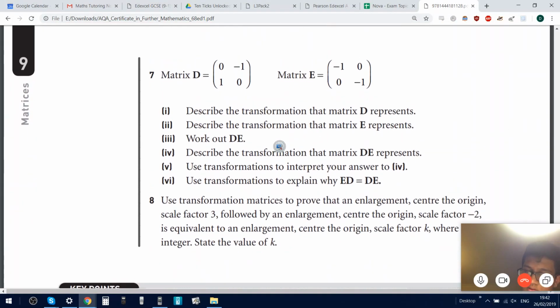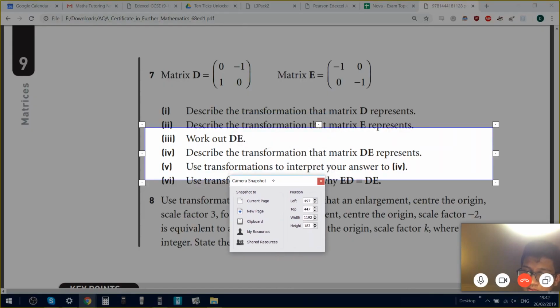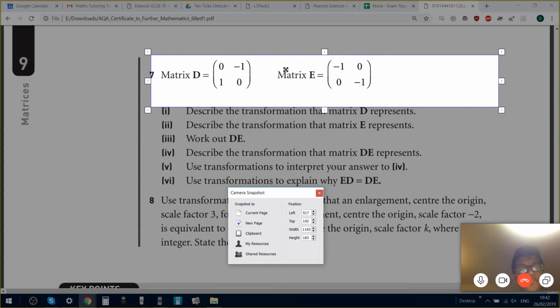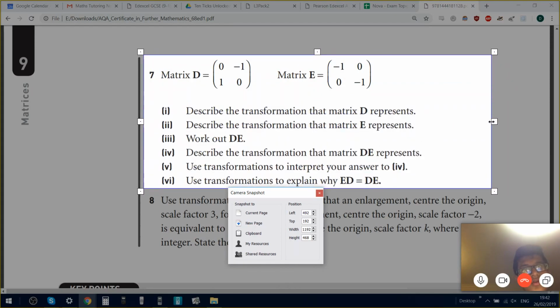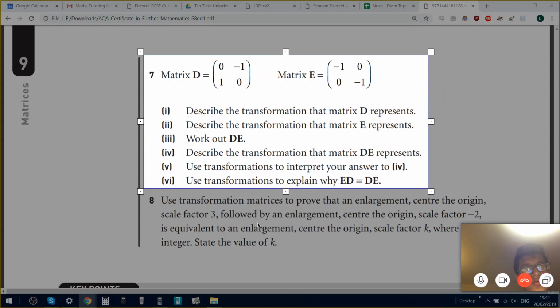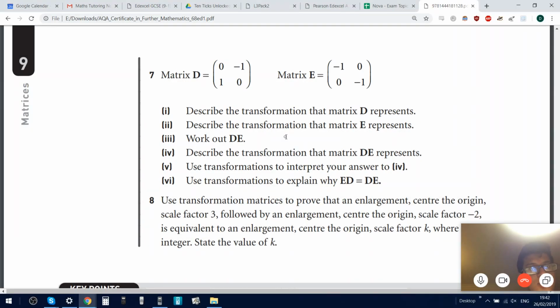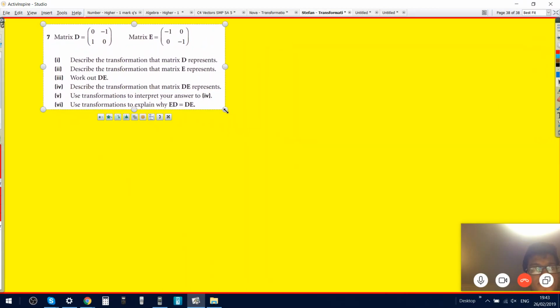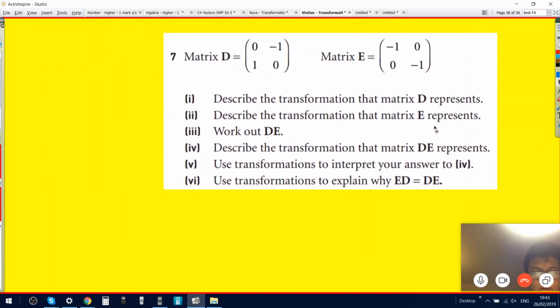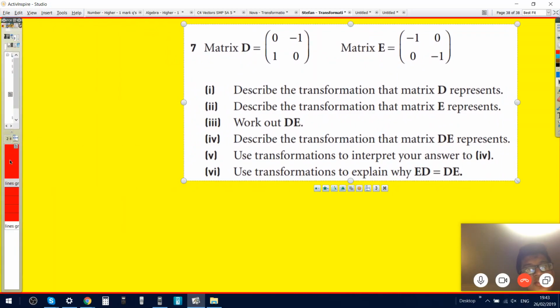Oh, there's more. All right. D is 0 minus... Okay, so 7, that's a reflection.